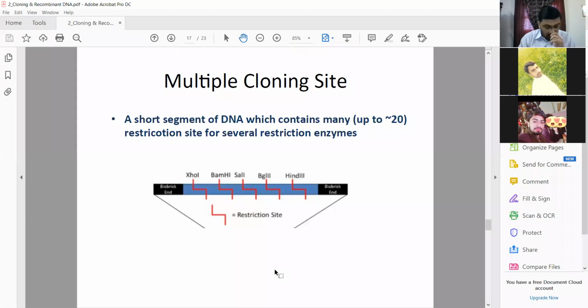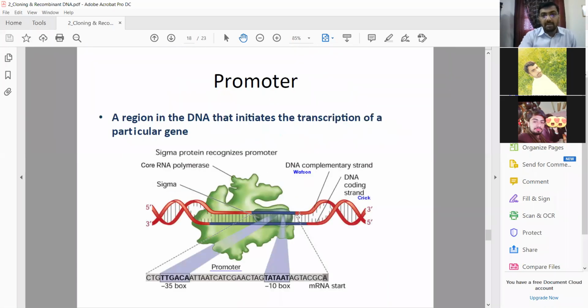We can use a restriction enzyme which is not present in the rest of the transgene DNA as well as the plasmid DNA, so that our plasmid DNA doesn't get restricted. Rather, we have specific restriction enzymes in this multiple cloning site.